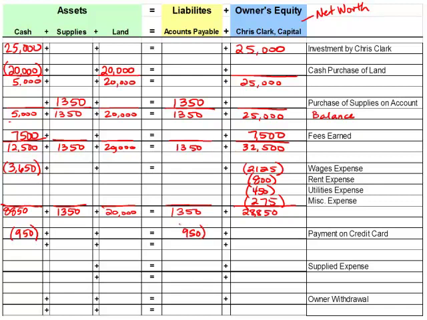Okay, subtract it, $950. Okay, so that'll leave $7,900 in cash. Still have supplies, still have land. We now owe $400 on the credit card or the debt. And our equity remains unchanged.